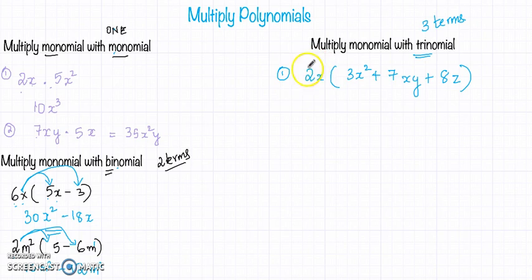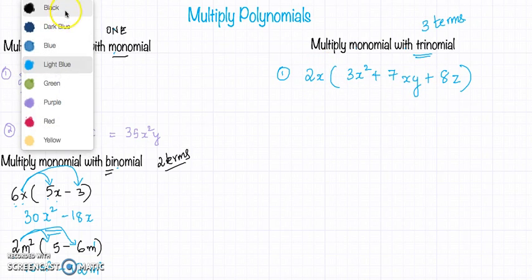So this is a monomial, 2x is a monomial. You're multiplying it with a trinomial. So this polynomial has 1, 2, 3 terms. Terms are differentiated with plus or minus signs. Okay, that's how you know this is a term and that's another term. There will be a plus or minus sign between them.